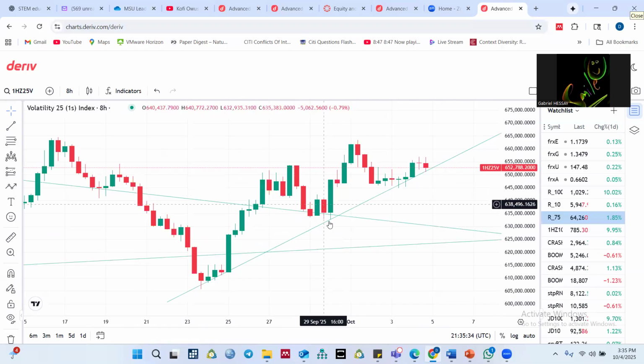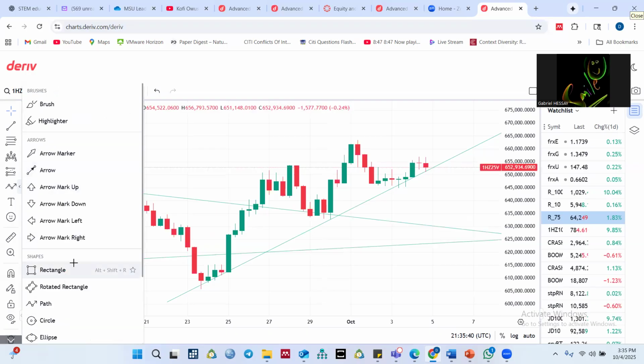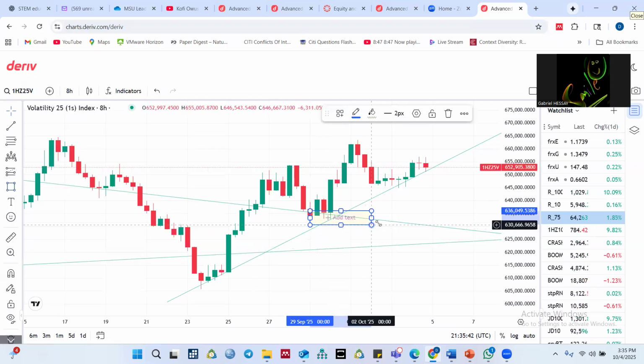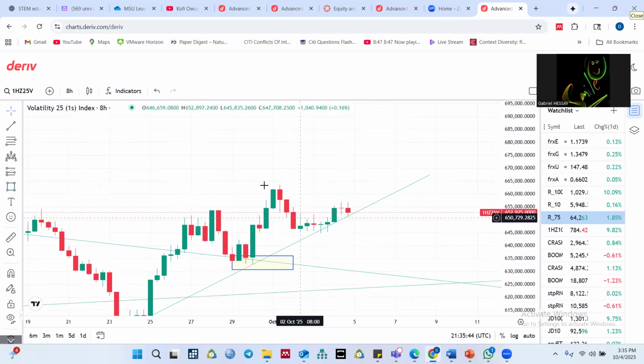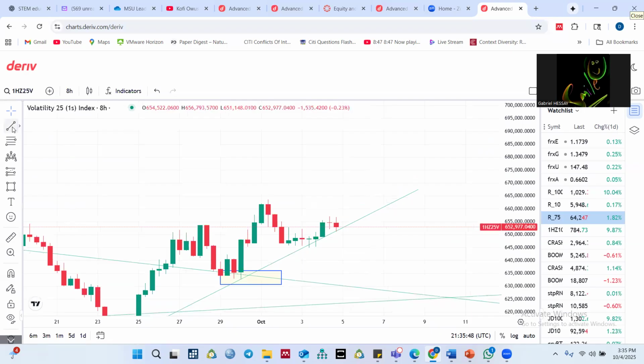Yes, it tested this trend line. Both trend lines cross exactly here, and it has stayed around the trend line. So we will only sell if price breaks this trend line. If it stays above the trend line, then it's going to keep going bullish.